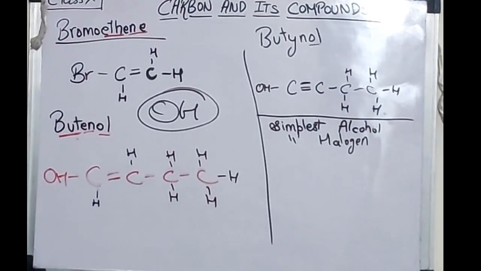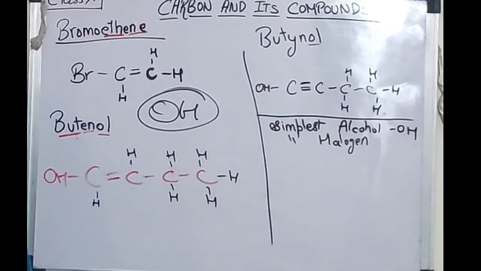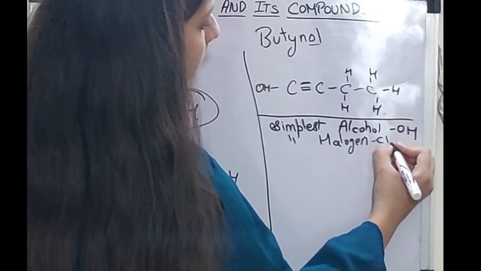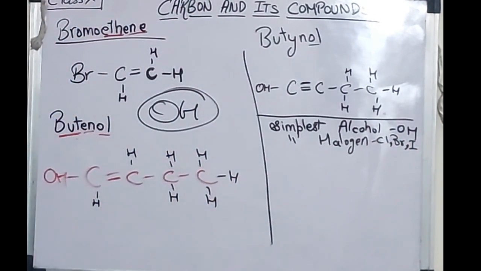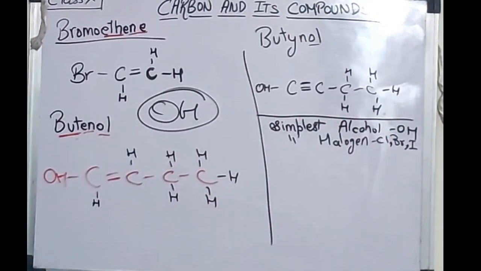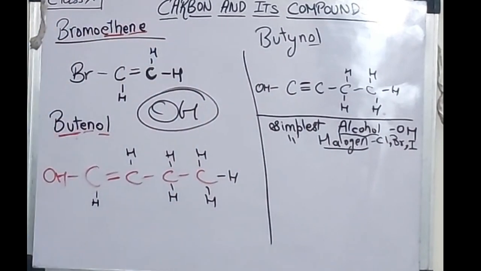What is alcohol? OH. What is halogen? Cl, Br or I. So can you see carbon in any of these? Alcohol and halogen are functional groups. They need a carbon chain. They connect to a carbon chain, right?